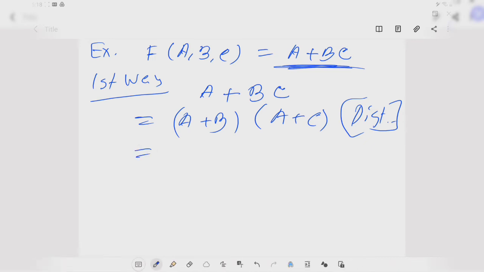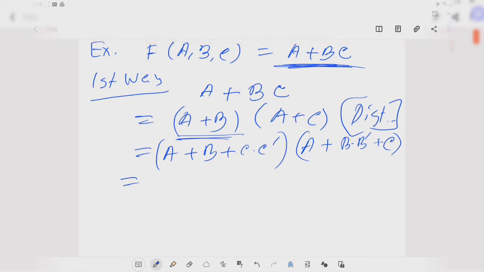In A plus B, C is missing, so we can write A plus B plus C times C prime. We know that C times C prime equals 0, and adding 0 to A plus B leaves it unchanged. In A plus C, B is missing, so we add B times B prime.